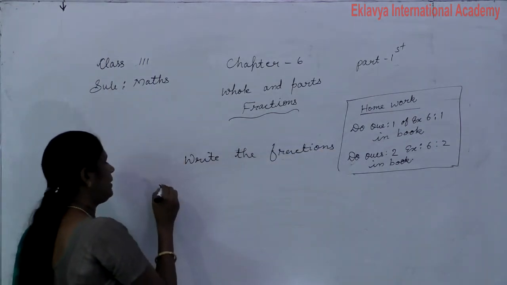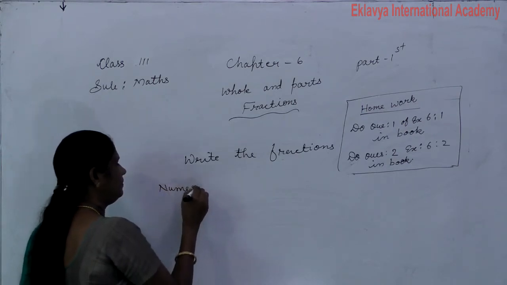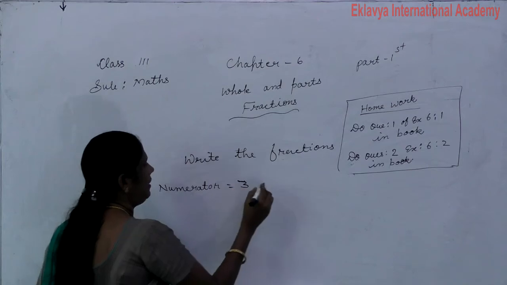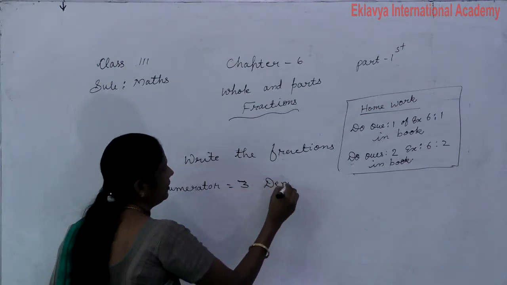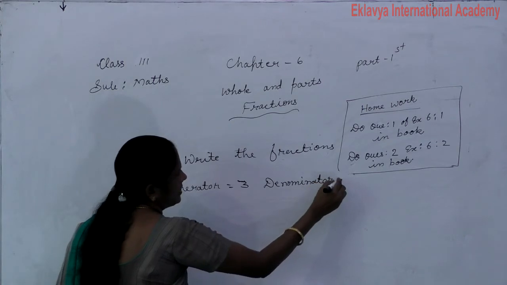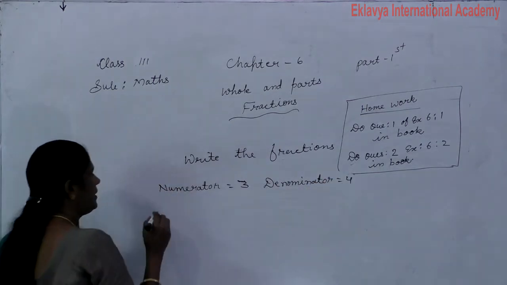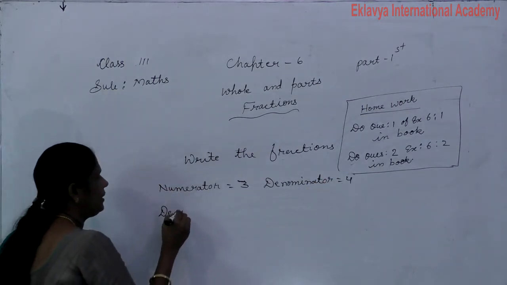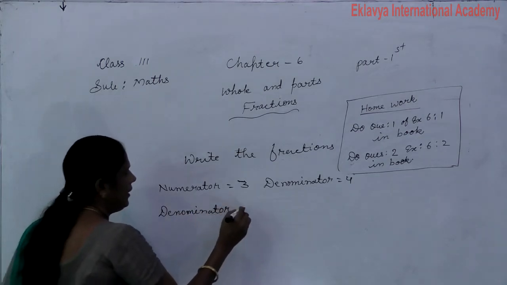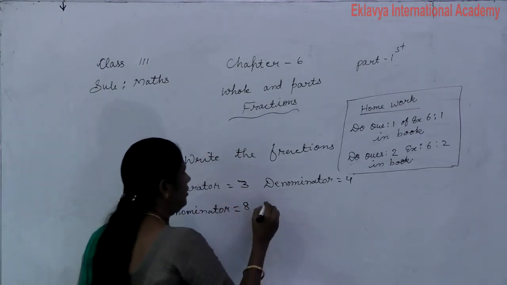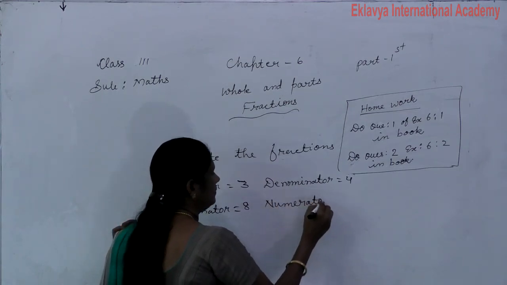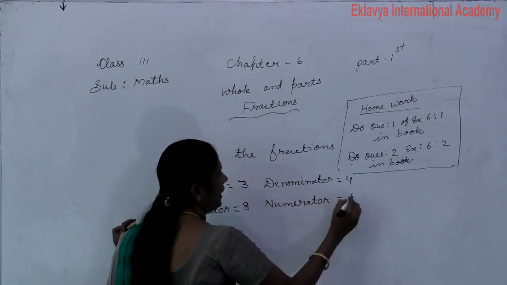Here numerator 3, denominator is equal to 4. Then next, denominator 8, numerator 5.